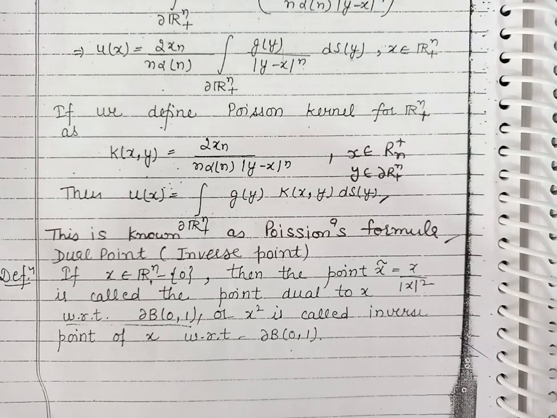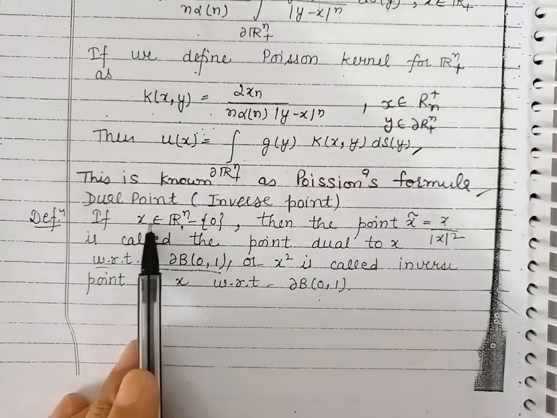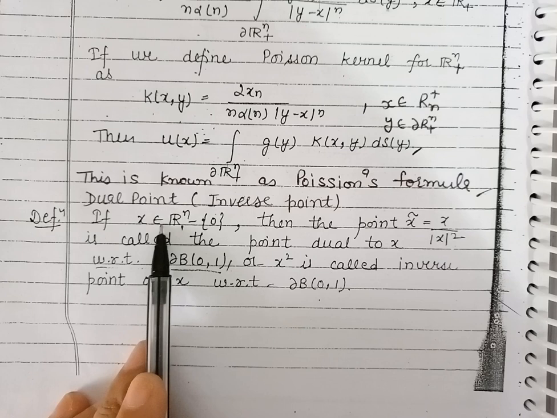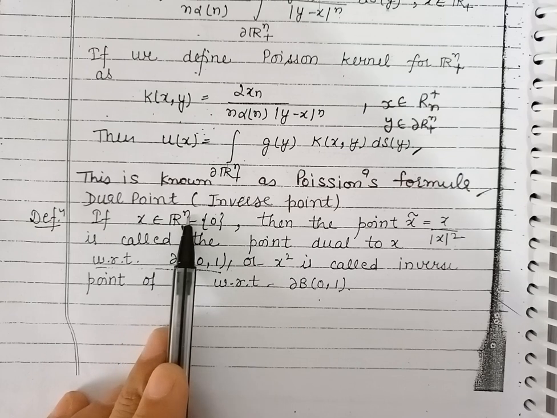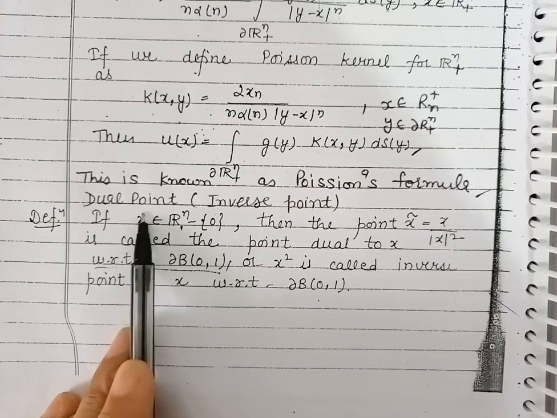Today we will discuss Green's function for a unit ball. Before we define Green's function for the unit ball, first of all we define an inverse point or a dual point. So let us take x, a point belonging to n-dimensional real Euclidean space, and this point x is non-zero.